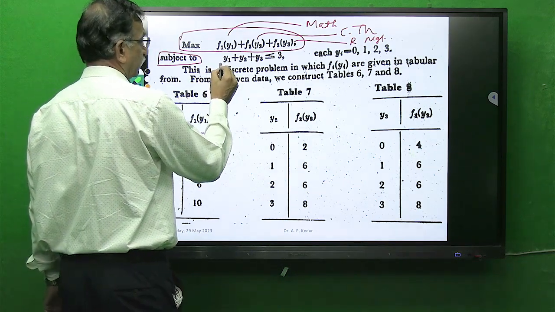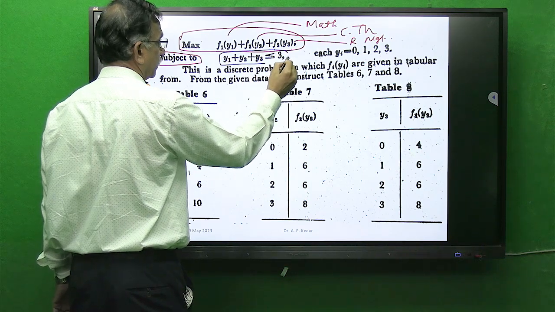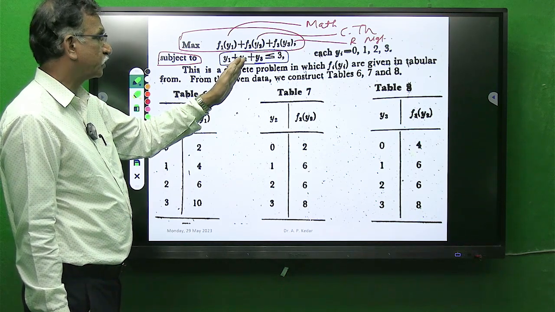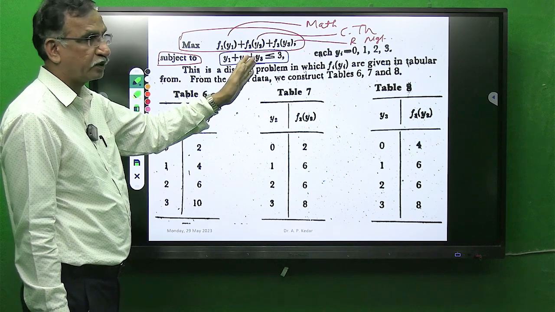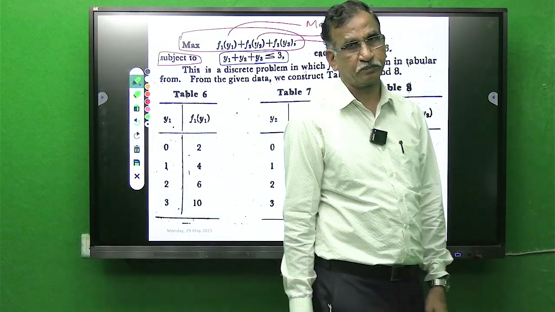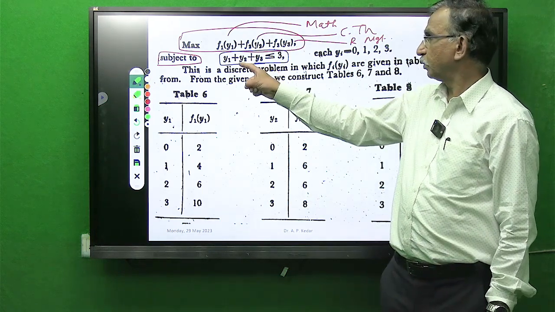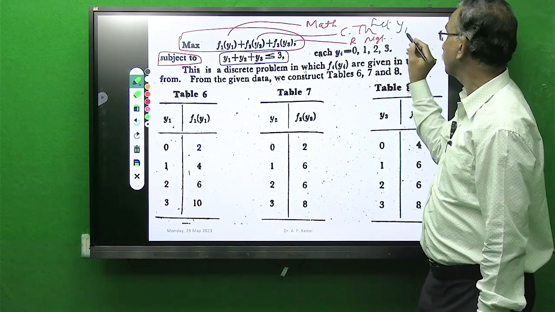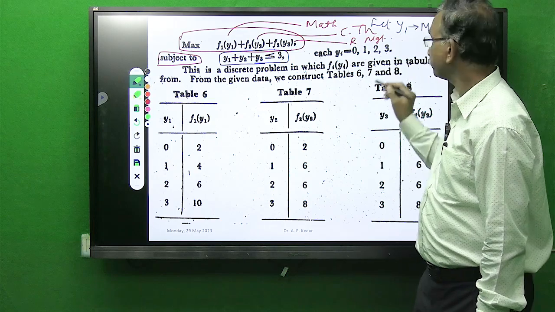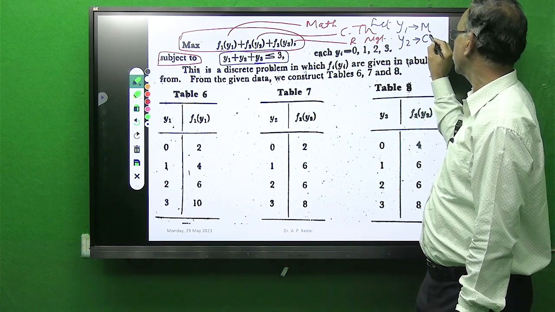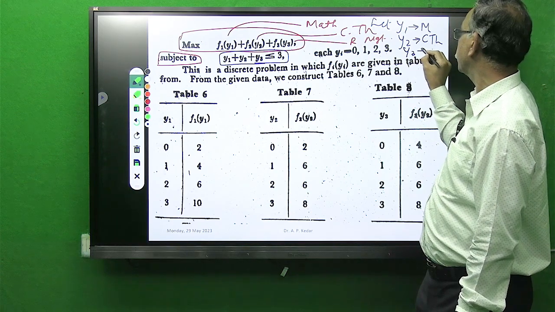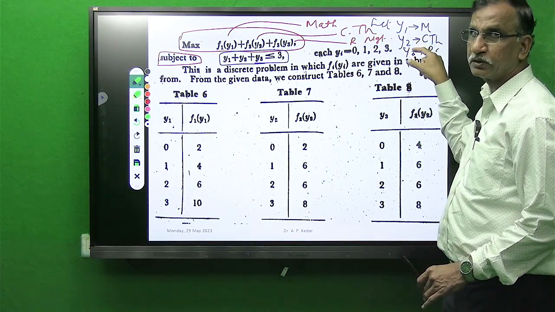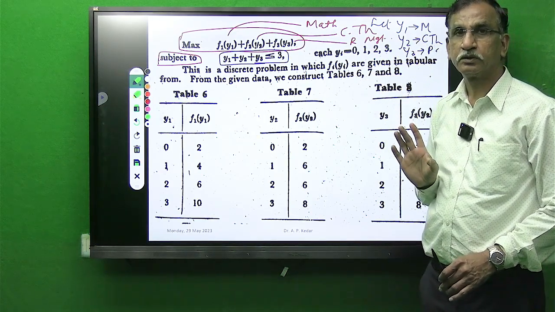If he devotes days to any subject, let y1 be the number of days for maths, y2 the number of days for circuit theory, and y3 the number of days for principles of management, the maximum available days are 3. So the sum of y1, y2, y3 cannot exceed 3.